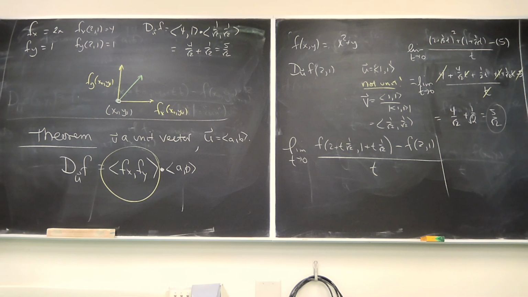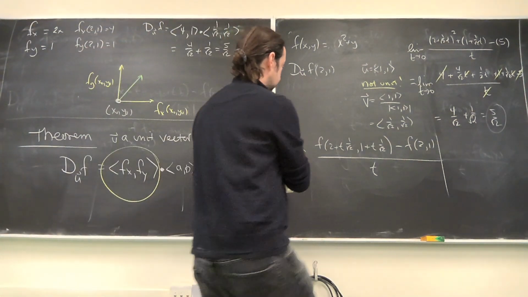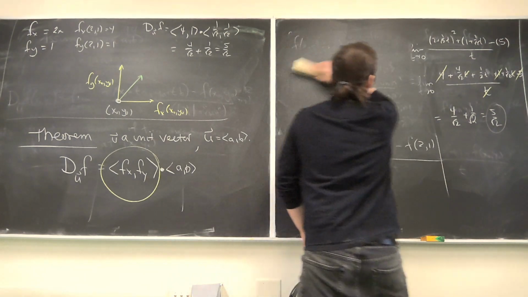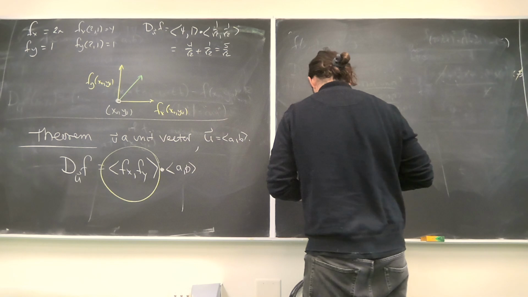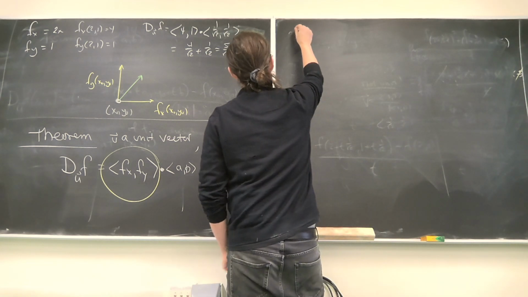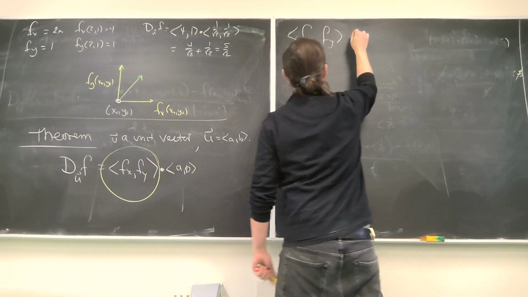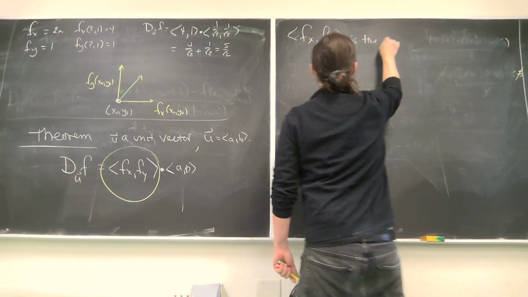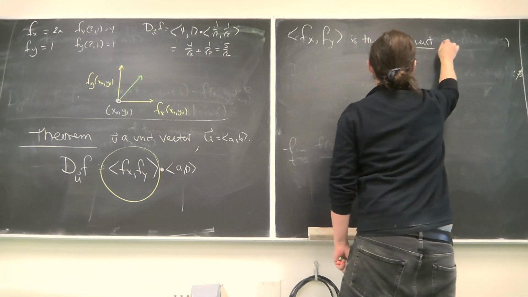Okay, so this thing, we give a name. I talked about this last time. That vector is so special and determines so much about functions. (fx, fy) is the gradient of f.